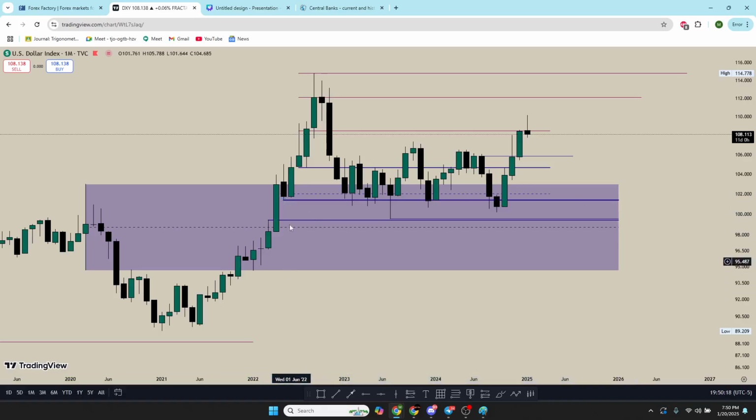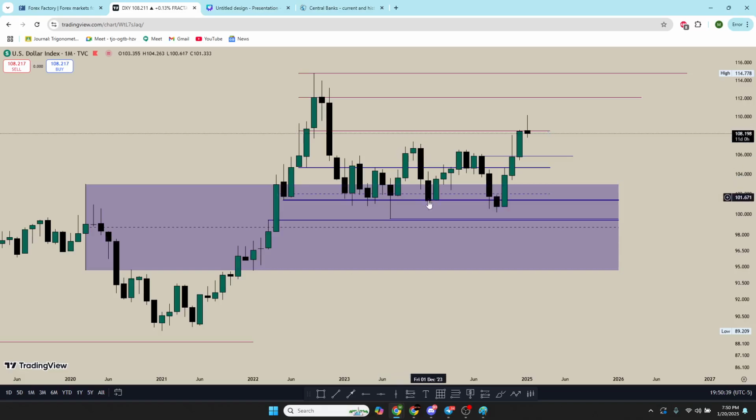I would like to draw out the high of the fair value gap on a monthly, because that makes it more precise. As you see, we had the fair value gap, price traded higher. We came into it, we couldn't close below it, only wicking through.